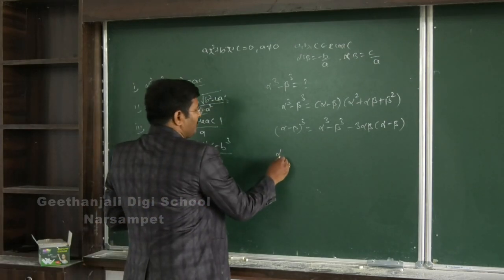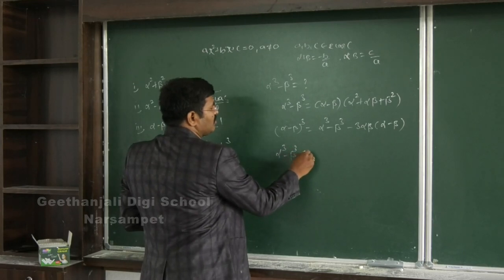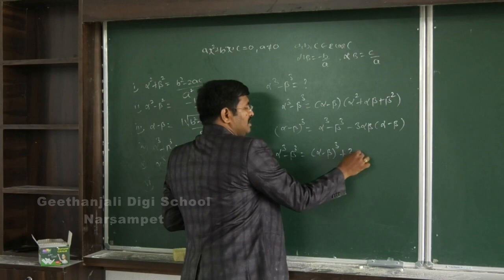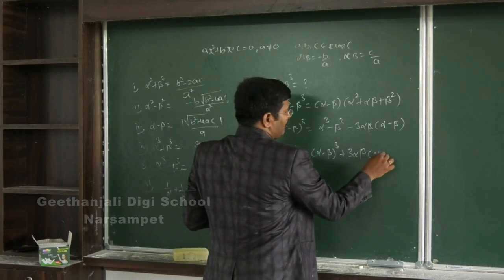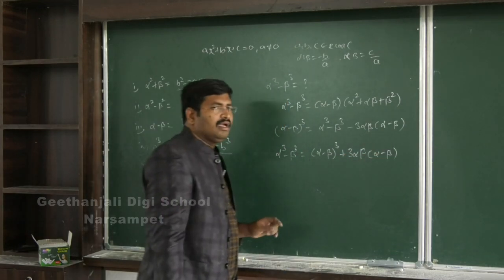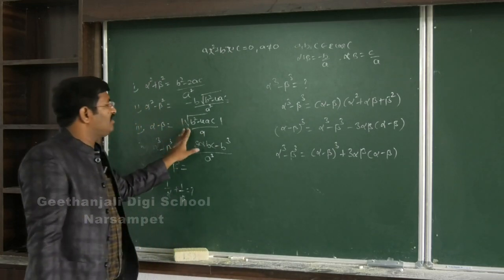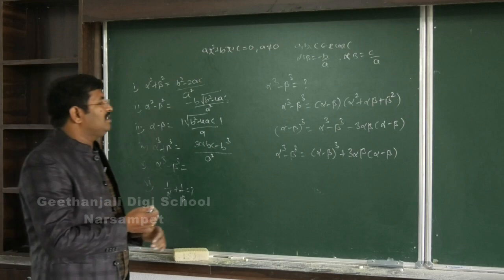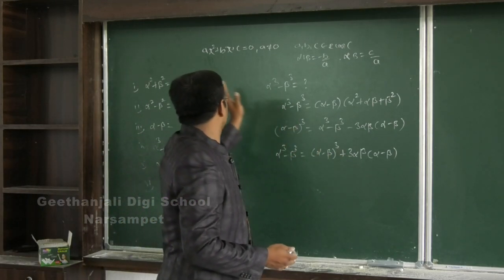Now alpha cube minus beta cube is equal to alpha minus beta whole cube plus 3 alpha beta of alpha minus beta. Now alpha minus beta value is root of b square minus 4ac by a, and alpha beta is equal to c by a.